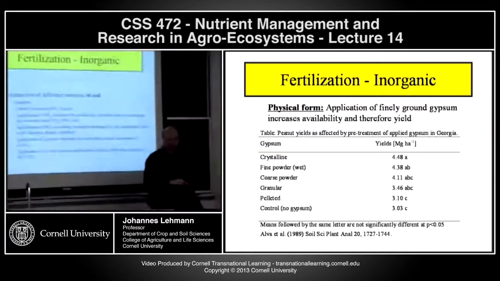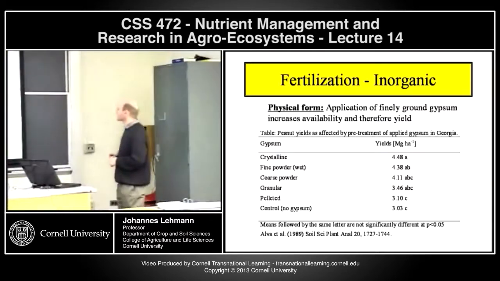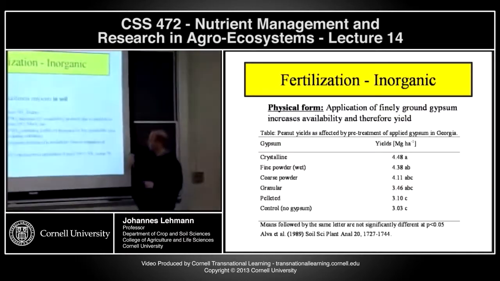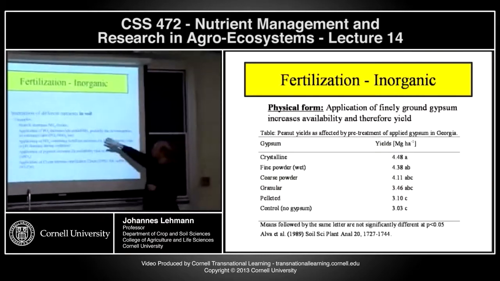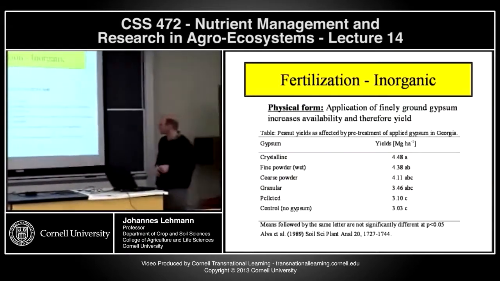Application of phosphate might increase the molybdenum availability, for instance, and a lot of that you see there are some interactions probably in there. So a lot of those effects are not very straightforward and actually hard to test.